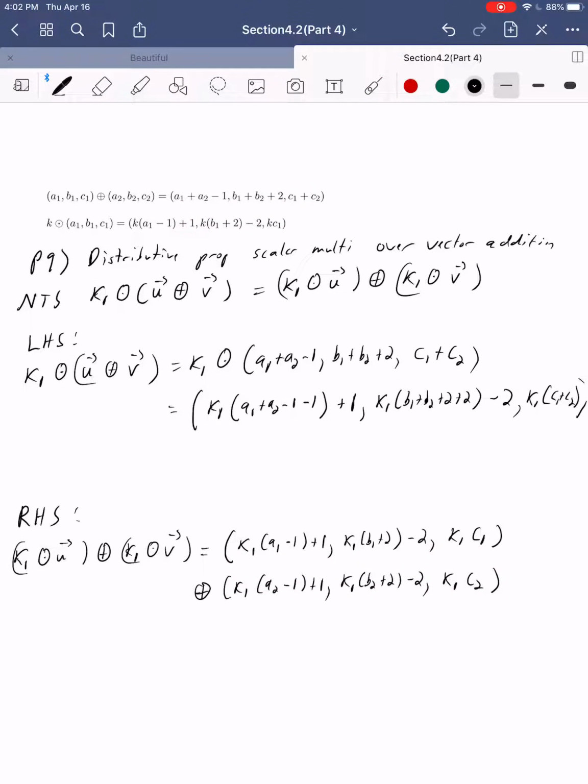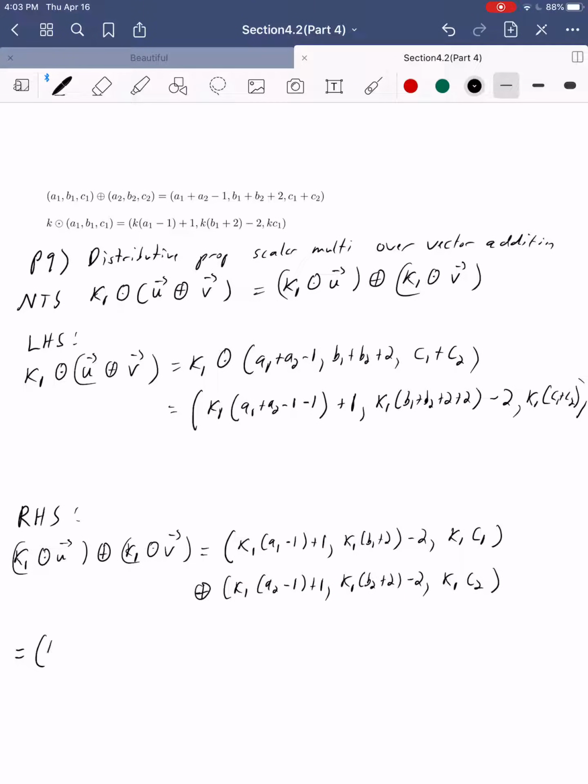Then we're going to need to vector add these guys according to this here. So we would do that and get a result of K1 A1 minus 1 plus 1 plus K1 A2 minus 1 plus 1 minus 1 overall. You know what? This is going to be pretty lengthy, so let's go ahead and scoot this back here. So this is going to equal here. So again, we'd add these two components, but then subtract 1.